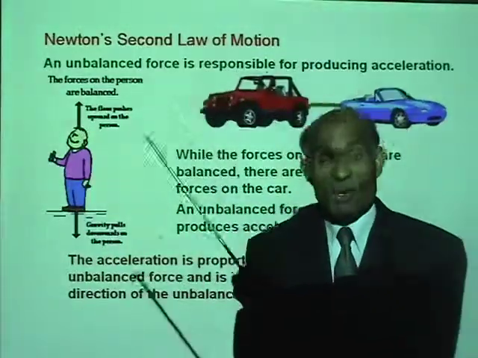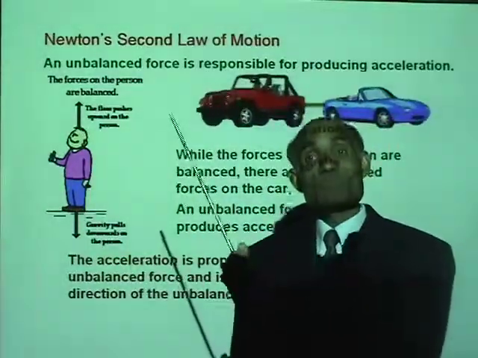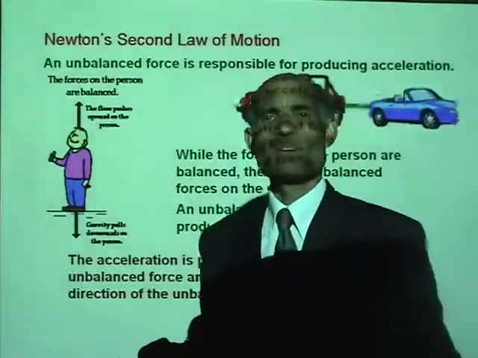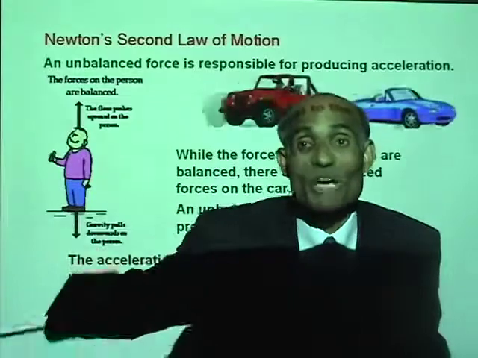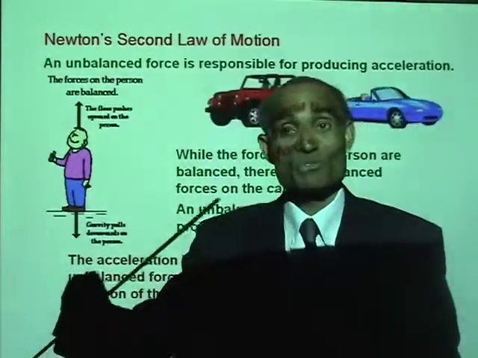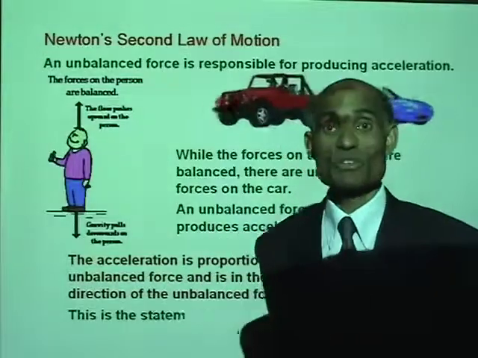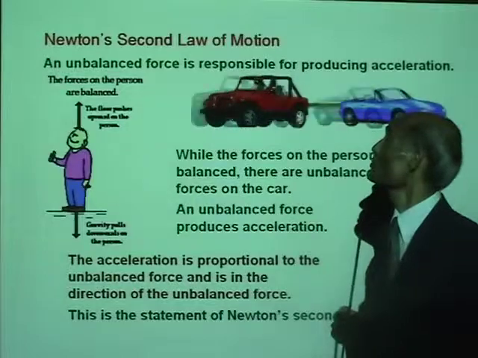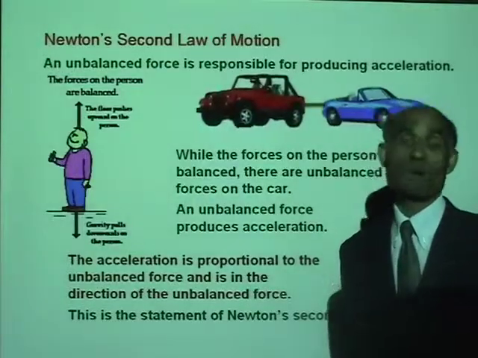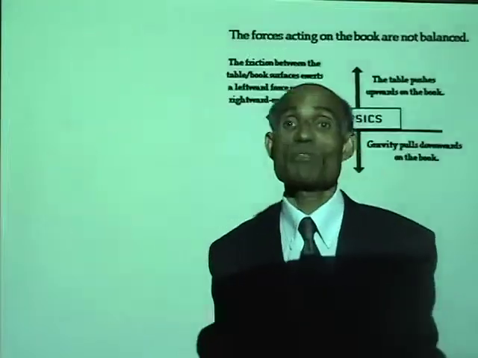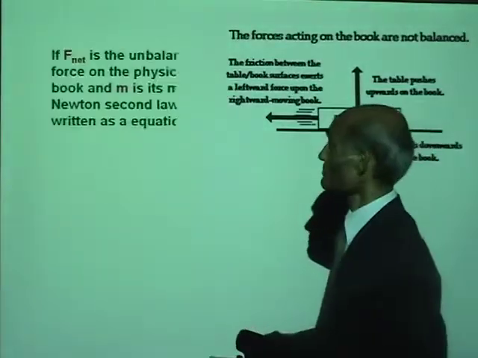A more powerful car can go from 0 to 90 in a very short time. It can produce a much greater acceleration. When the unbalanced force is greater, the acceleration is greater. Now, this statement is Newton's second law of motion. So you must be familiar with both statements of Newton's laws.